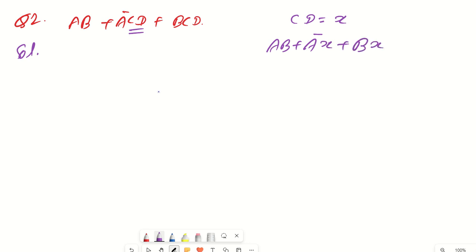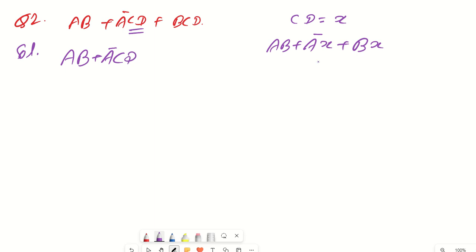According to consensus theorem, BX is redundant, so it will be AB plus A bar X. So the solution will be AB plus A bar CD.